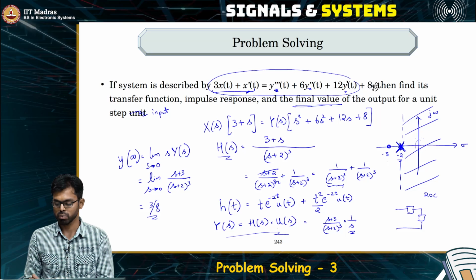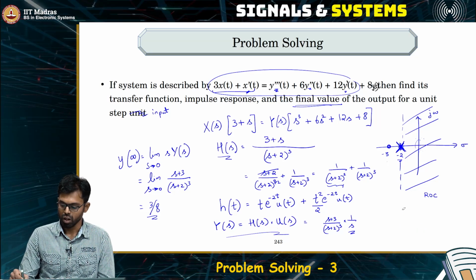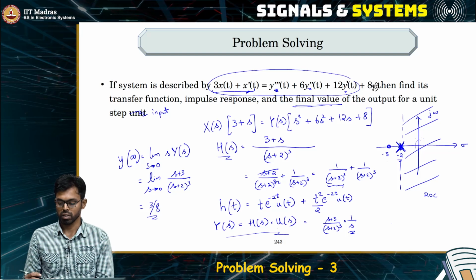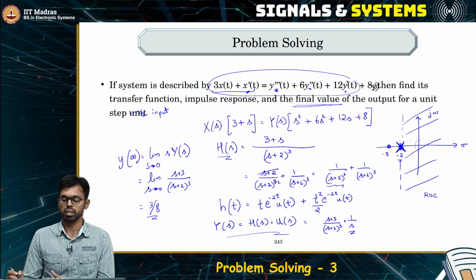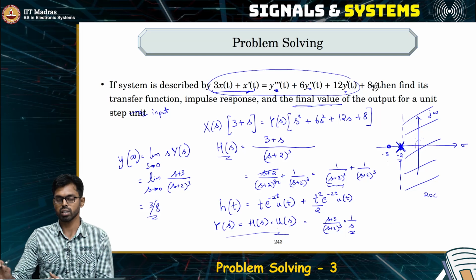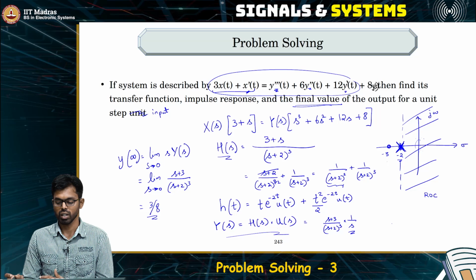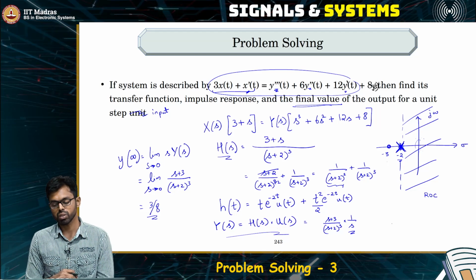So one of those cases might happen. Till what point would the voltage across the capacitor grow up to? If you want to find out that final value, eventually it will settle down to one value, right? So what is the final value? If you want to find that out, a very simple tool is to use the final value theorem.